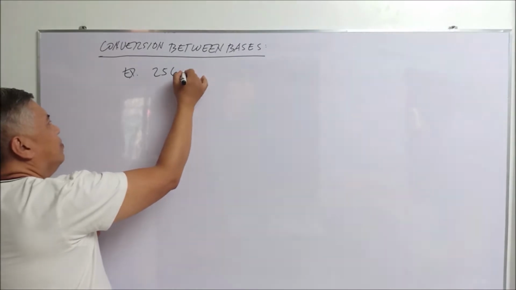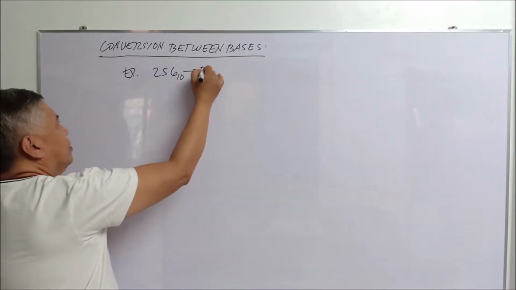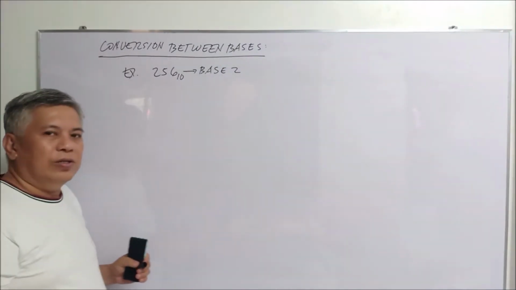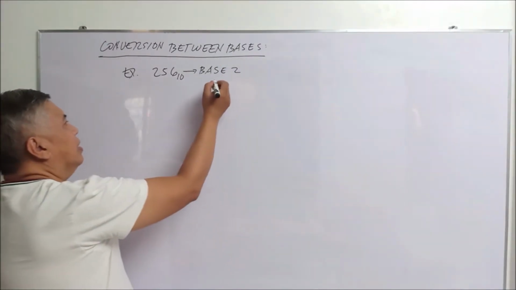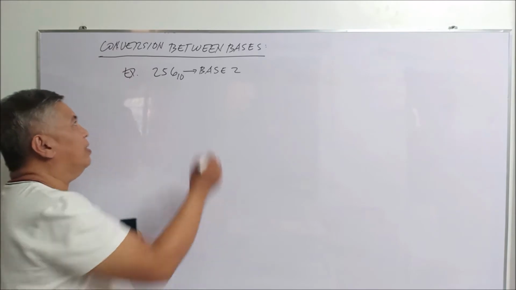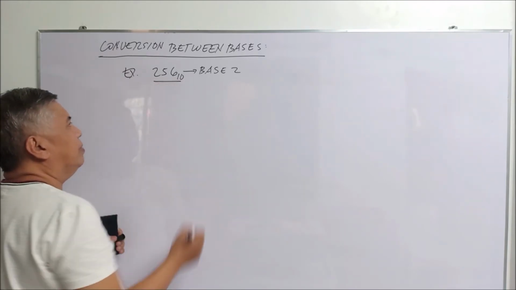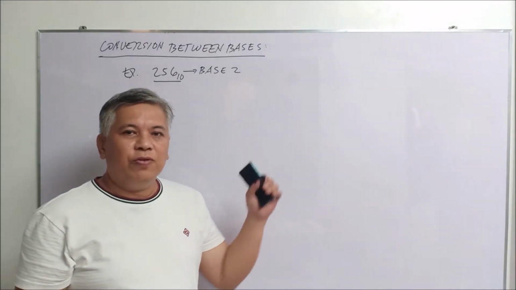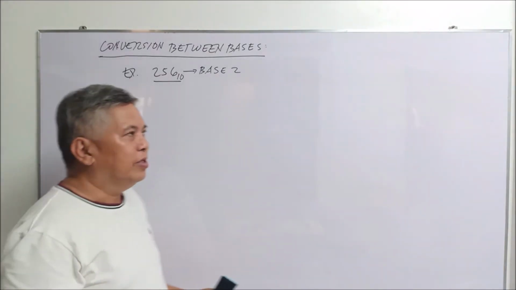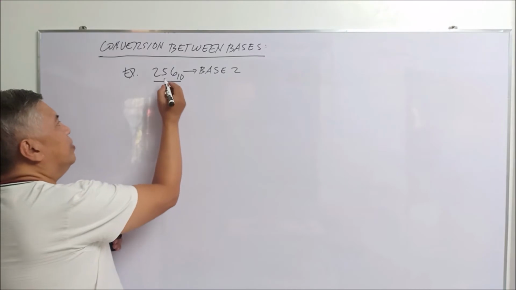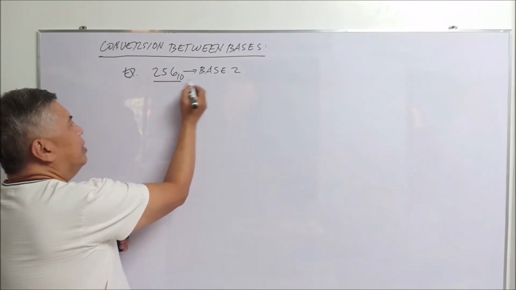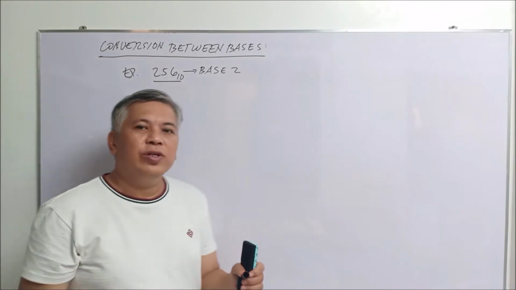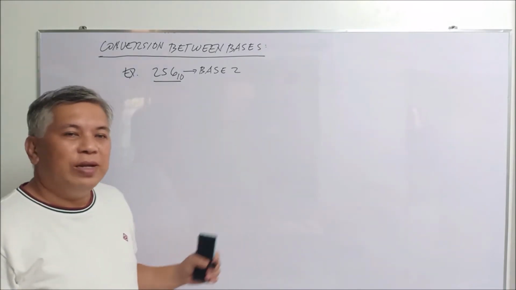We want this converted to base 2. Again, as I've said earlier, any given number system should be converted first into base 2 before converting to another number system. But in this case, you have a decimal number and we want it converted immediately into its binary equivalent.